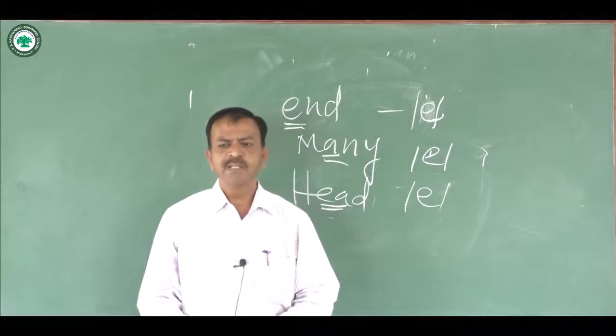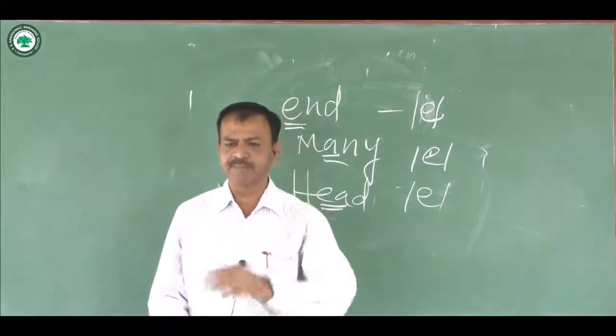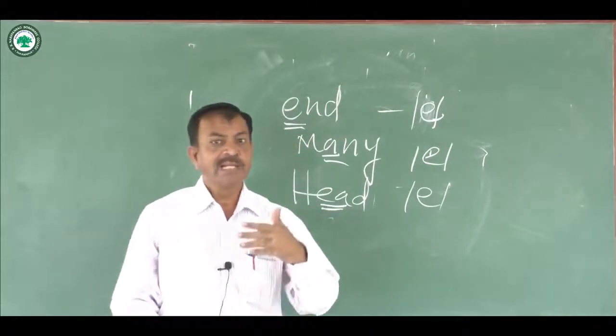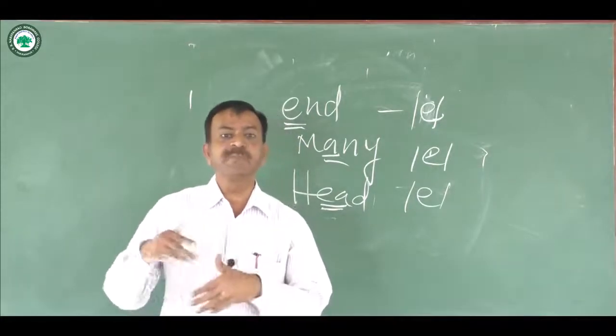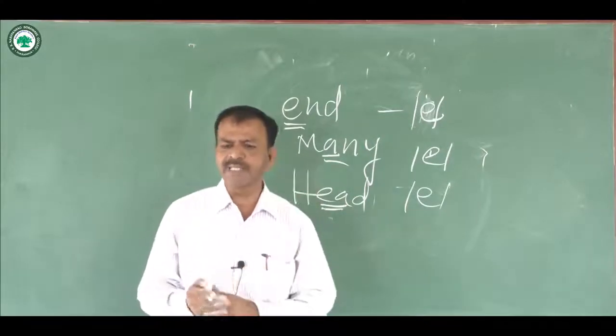For example, doubt, the spelling is DOUBT, so here B is silent. In the word receipt, we never pronounce P, so P is silent.